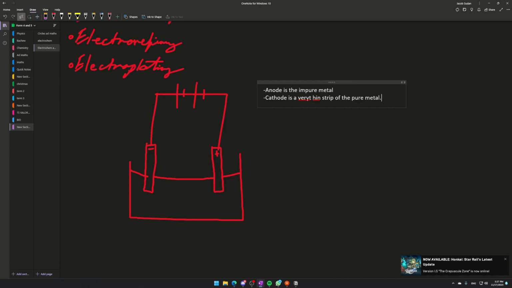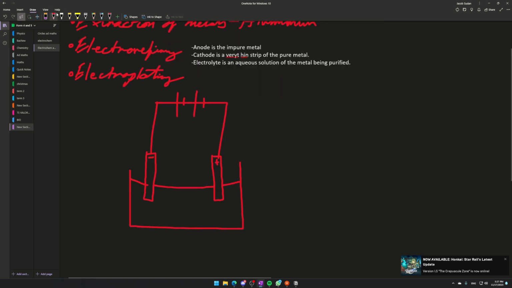I don't put this to confuse you. And then the electrolyte is an aqueous solution of the metal being purified. I don't even know if electrorefining is on the CSEC syllabus, but that's what it is.